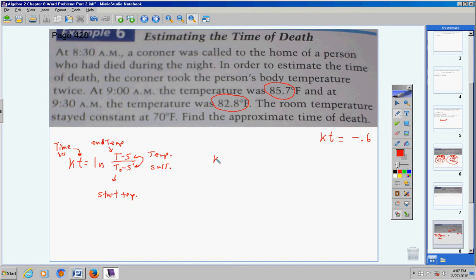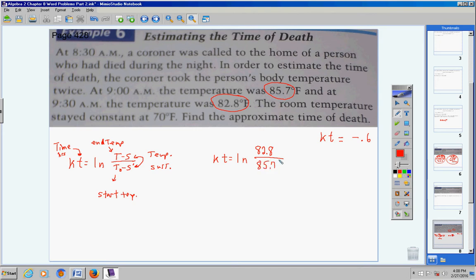So now we're going to say this. My ending temperature is 82.8, and 30 minutes earlier, my starting temperature was 85.7.